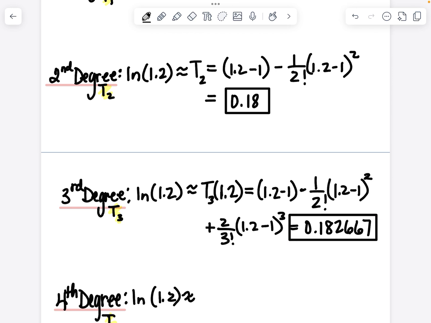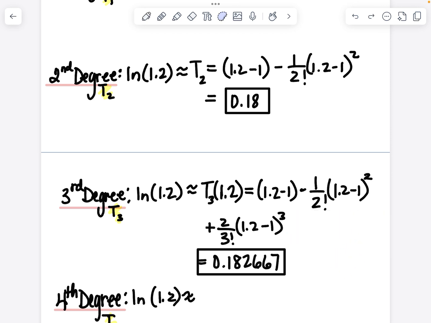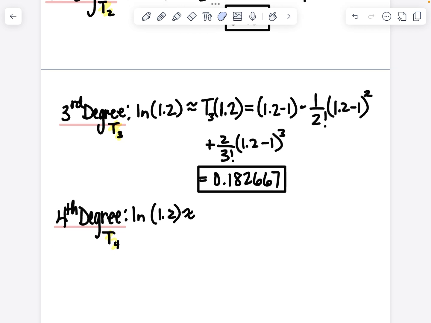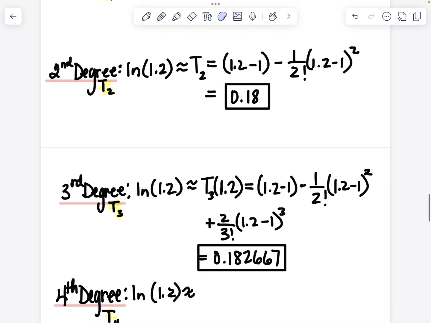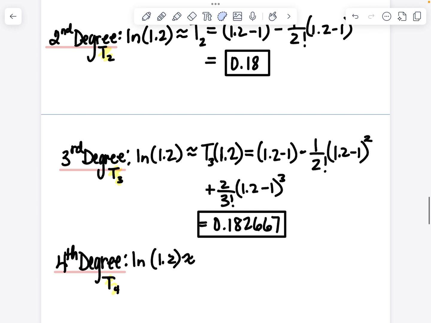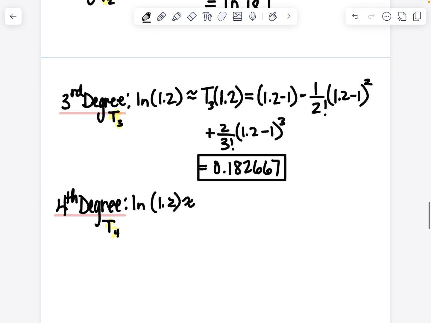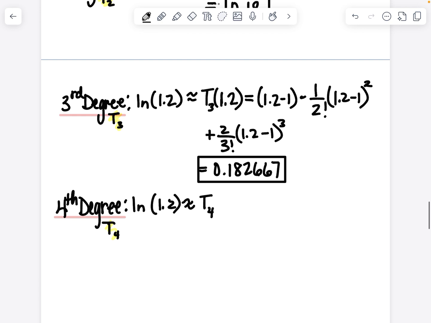Okay, so now that we have that, we're going to go to the fourth degree term. If you notice, we had 2 decimal digits of convergence here, and now I'm looking for 3. So we have 0.18, 0.182, and now I'm going to look at the Taylor polynomial of the fourth degree at 1.2 to approximate.